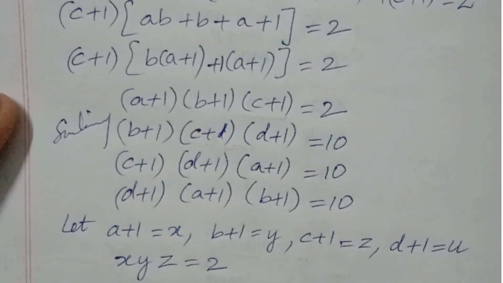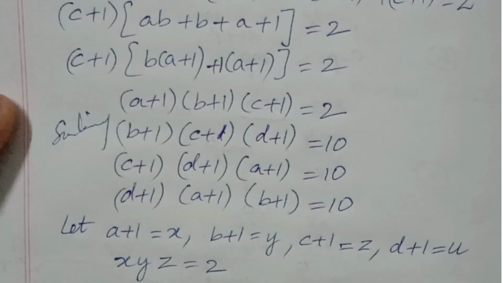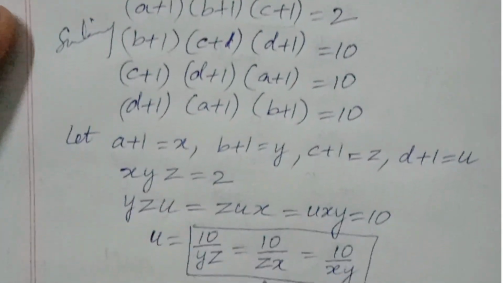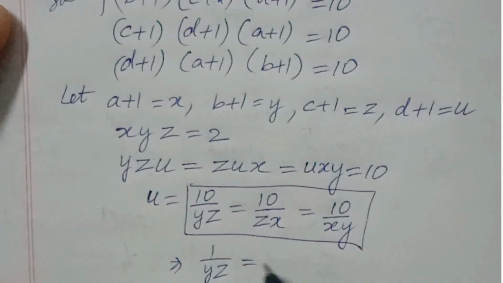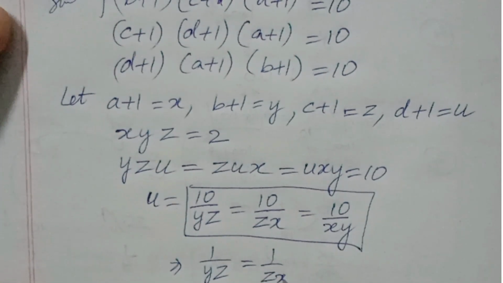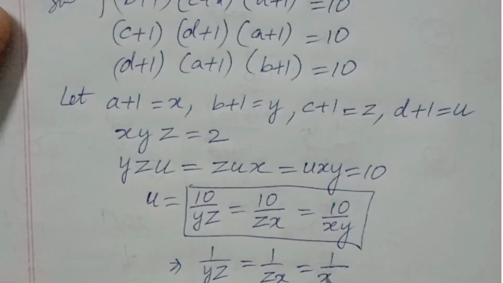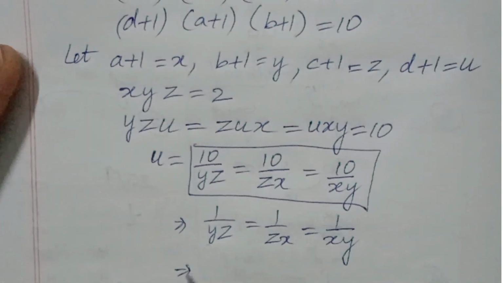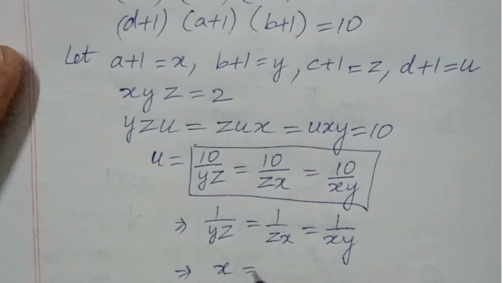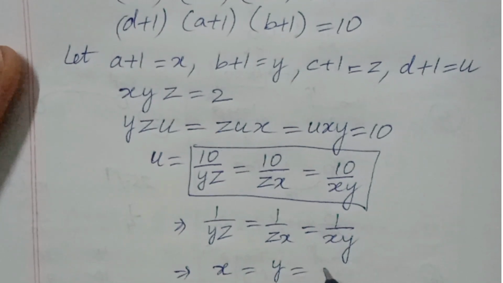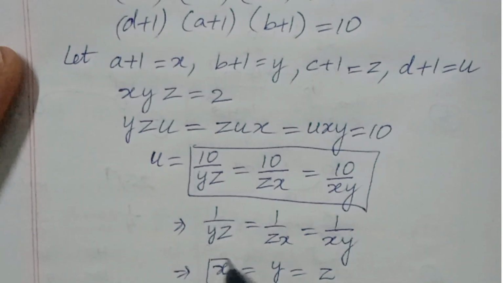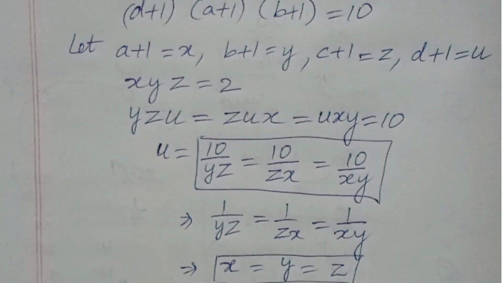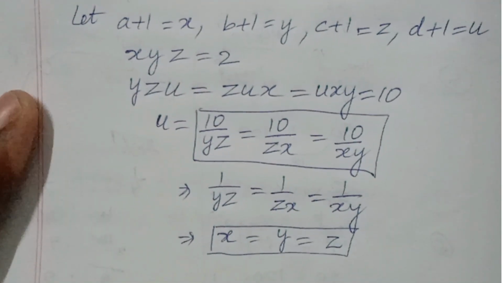So 1 by yz equals 1 by zx equals 1 by xy. Multiplying with xyz, we get x, y, z. Therefore, x is equal to y is equal to z.